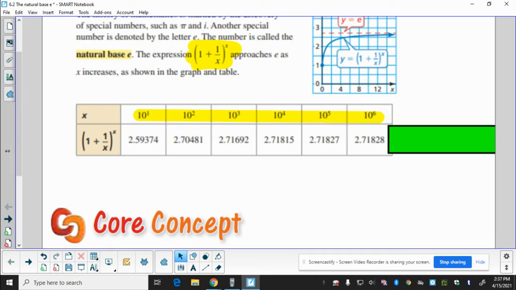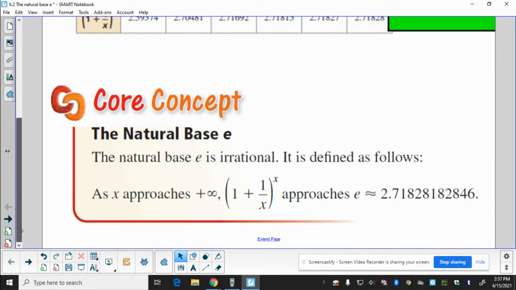That number is what we refer to as e, or Euler's number.